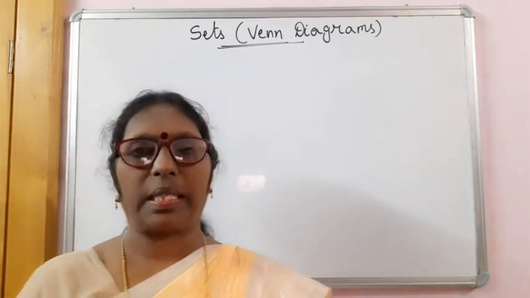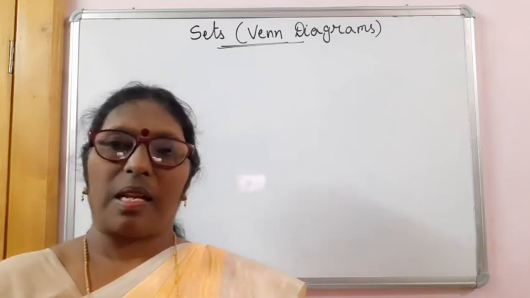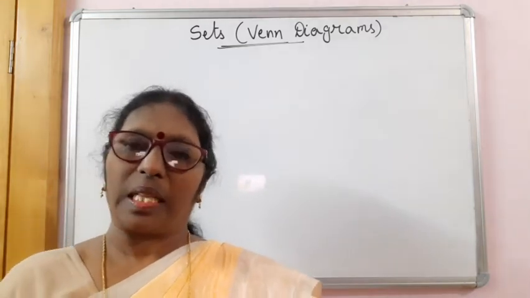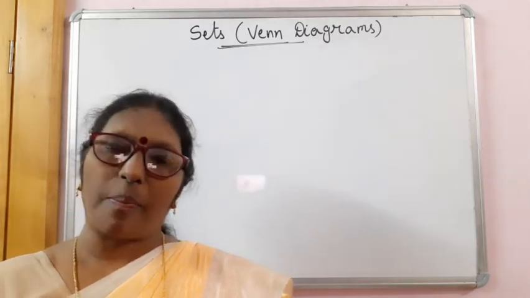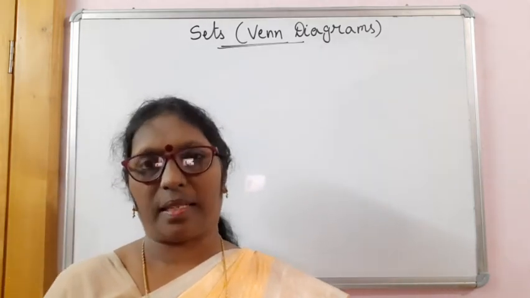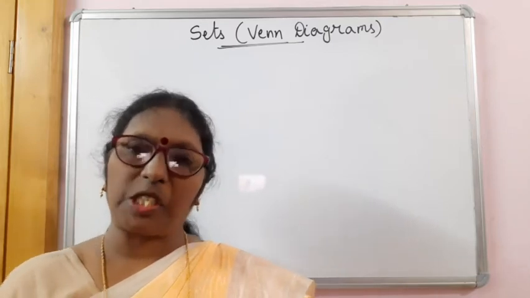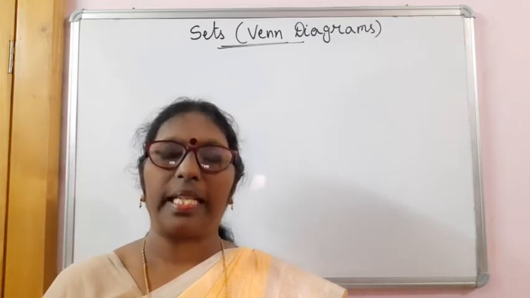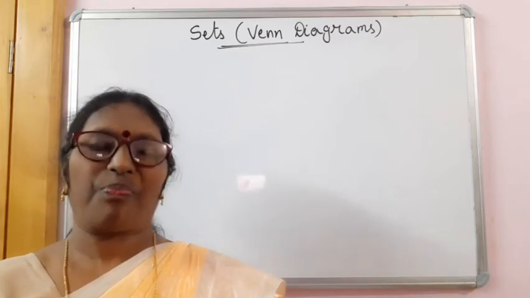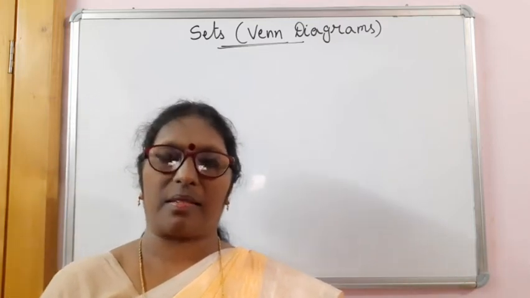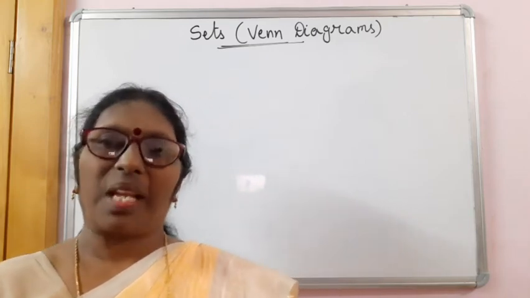First of all, let me tell you, pictures make the concept clear and help us understand better. So the mathematician John Venn did a pictorial representation for the sets, and those figures are known as Venn diagrams, after his name.